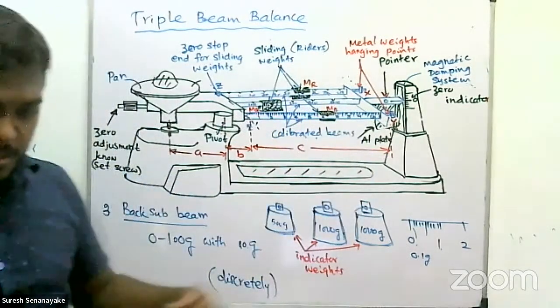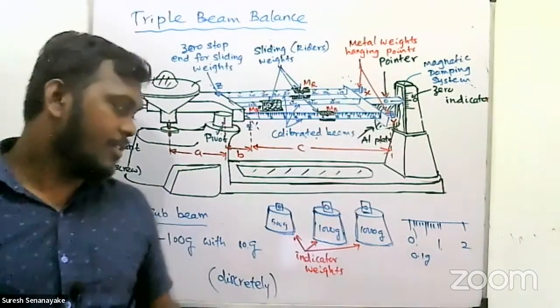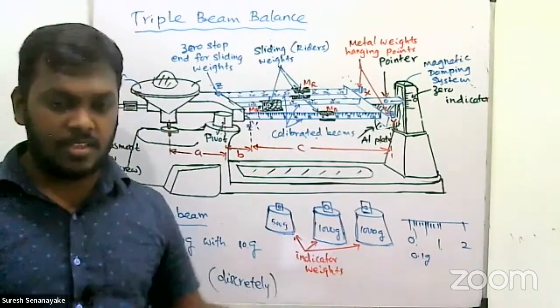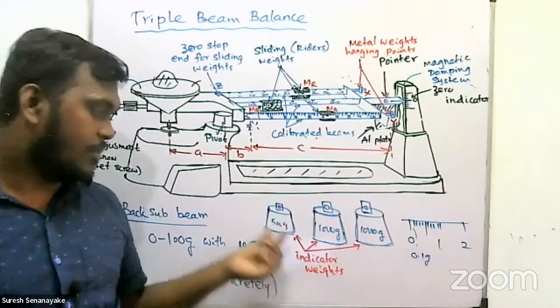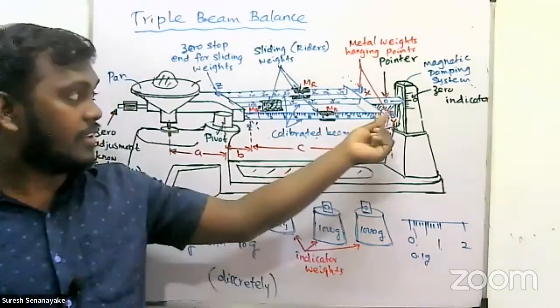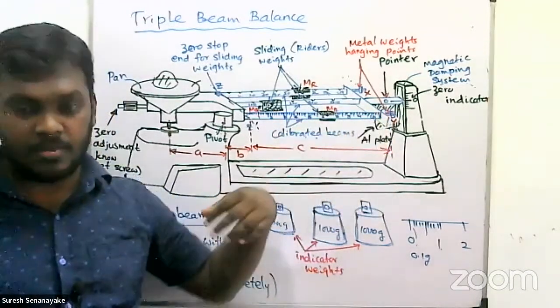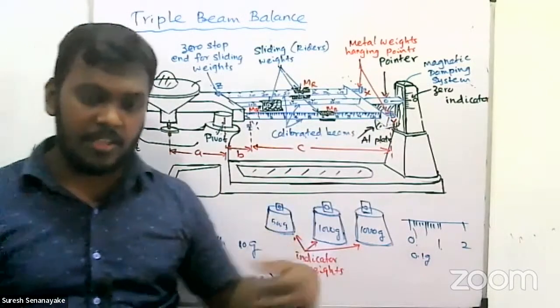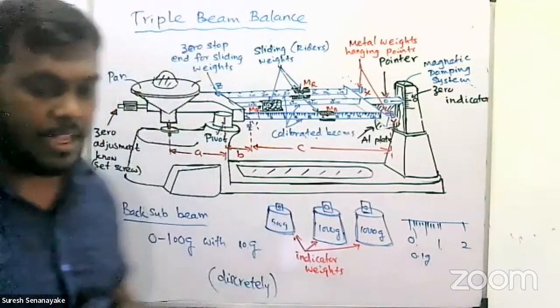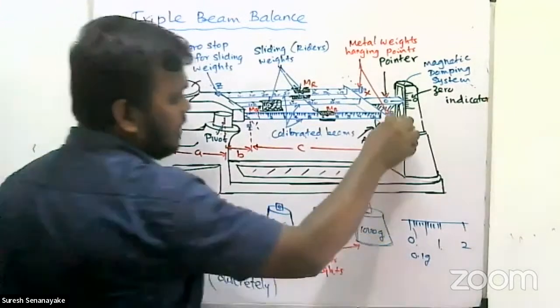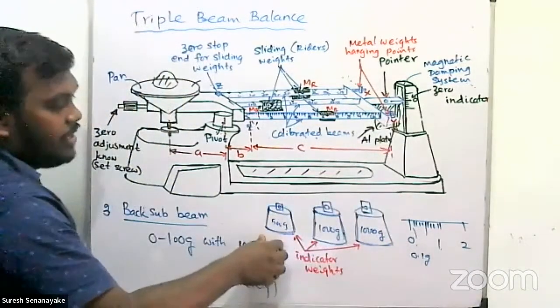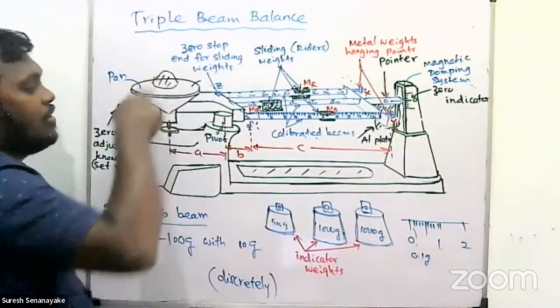But if you want to measure more than this 610 grams, you can use these indicator weights. How can you use this? You hang this 500 gram weight on this nail at the end of the beam. Then it directly gives the value 500. So if you hang this mass on this nail, it equals the 500 grams you place on this beam.